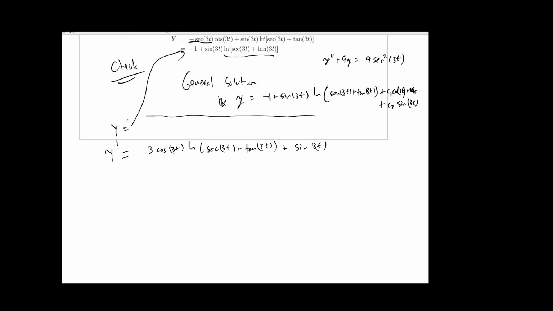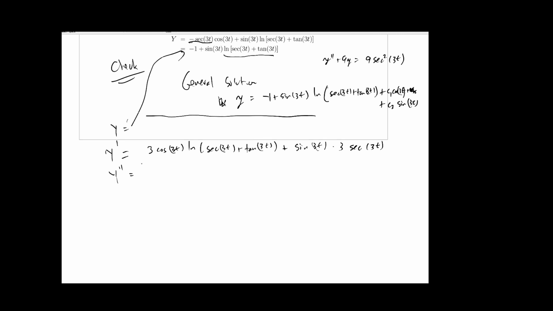Now, that whole second factor appeared because it's the integral of the secant function, so we actually know that the derivative of this function is precisely 3 times secant of 3t. We had to integrate that to get that, so differentiating, we get back to that. So that's y prime, the derivative of our particular function, y.